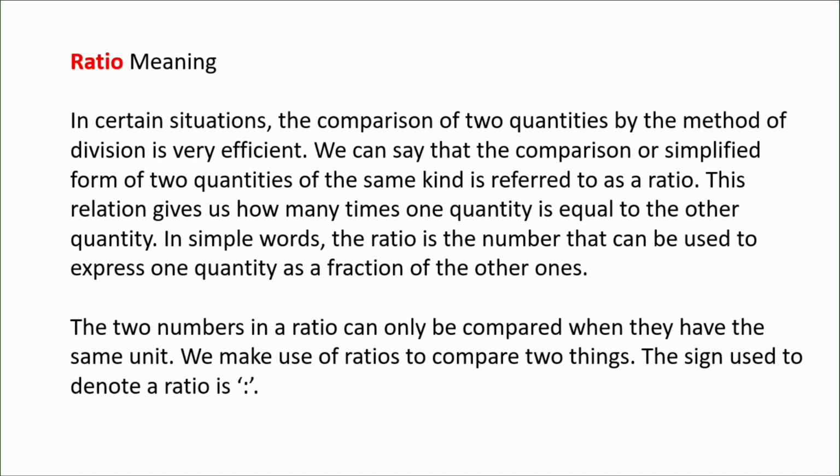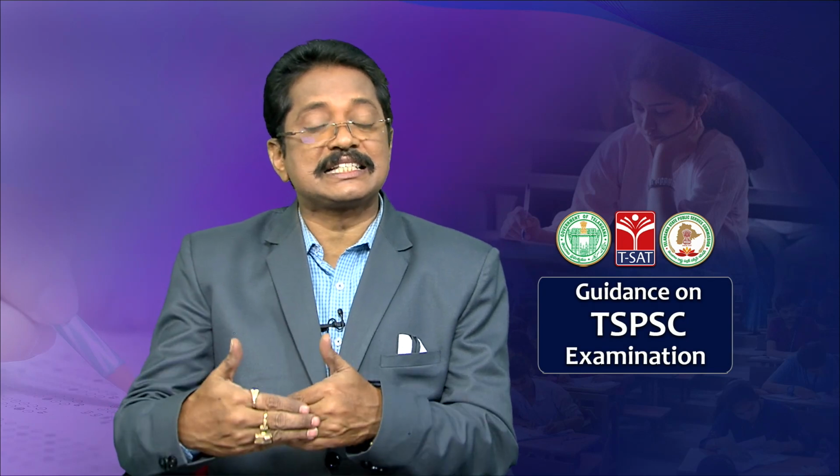For example, 30 minutes and 1 hour. One hour has 60 minutes, so 60 is twice of 30 minutes. So we can say 1:2. Are you able to understand? This is very important: for certain situations and conditions, we have to compare quantities by division.